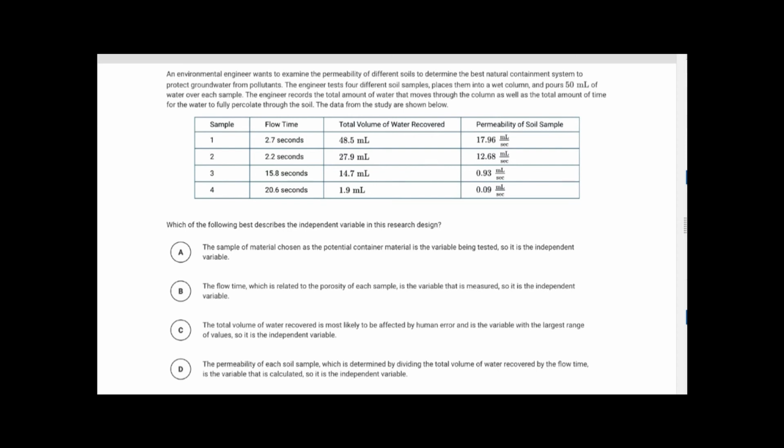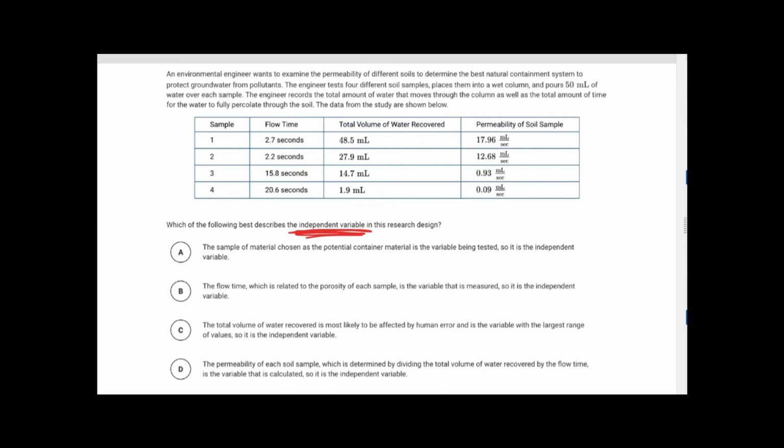But then when you get the question, it's really just what is the independent variable? And if you remember, the independent variable is the thing that you are manipulating or choosing, deciding. And then the dependent variable is the thing that you're trying to figure out, trying to measure, the thing you're looking for.